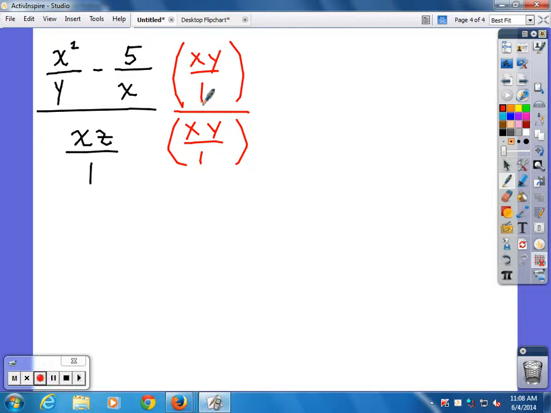Now I want you to multiply this through here and this through here. See what happens. Most of you will be able to go through and do it now that you know what to do. But this is the part that people don't know what to do, right here. And I don't show it the way the book does because that confuses some students.